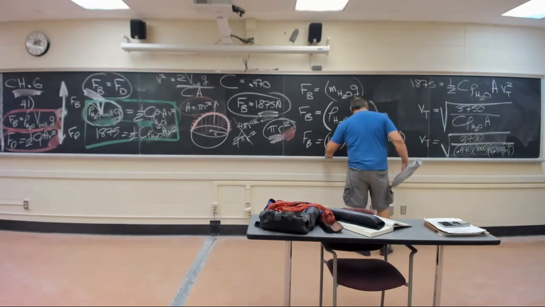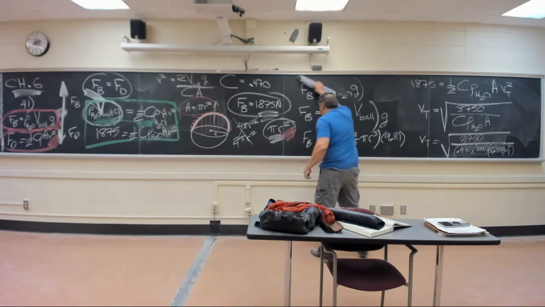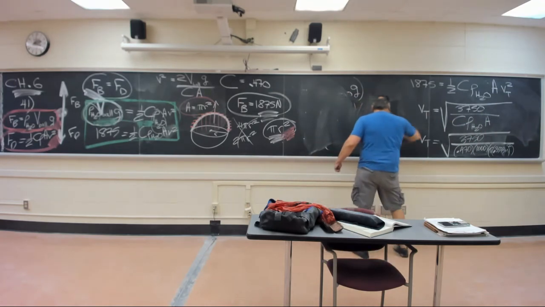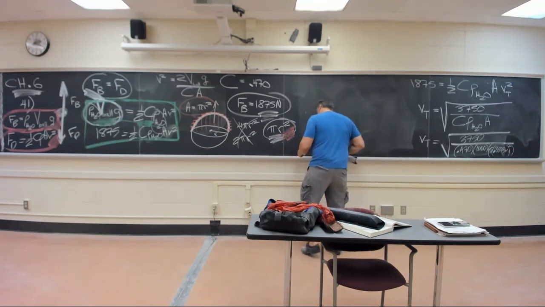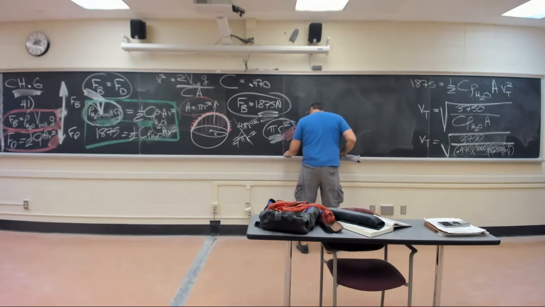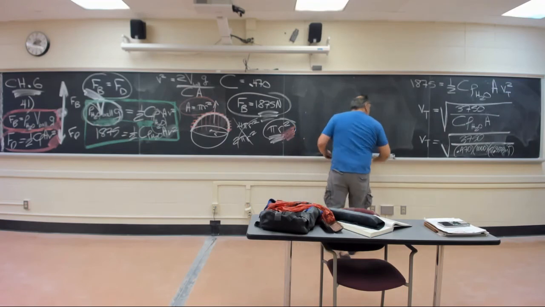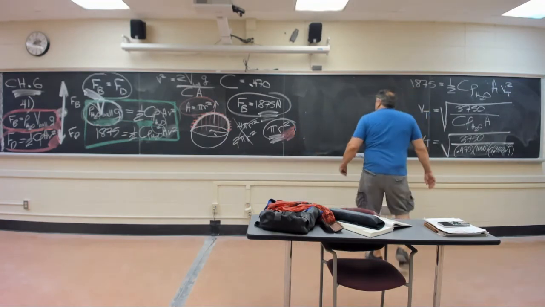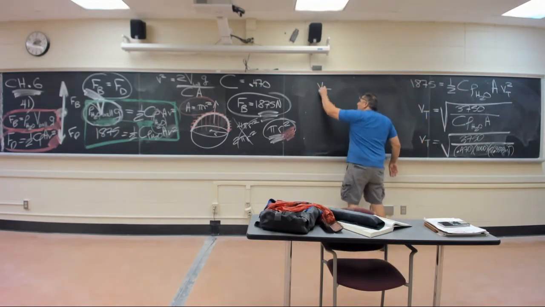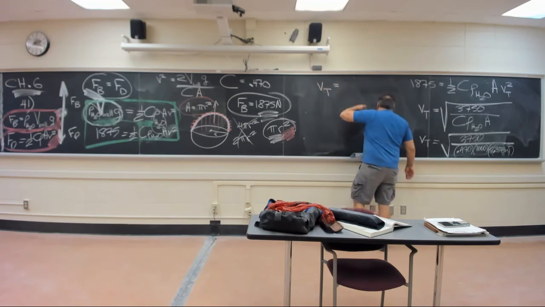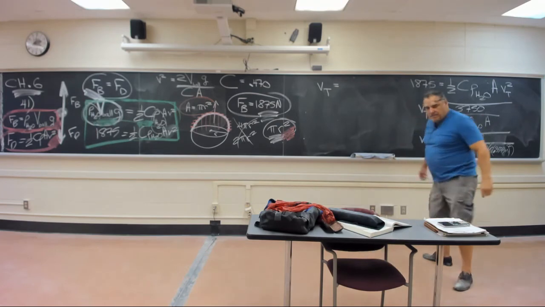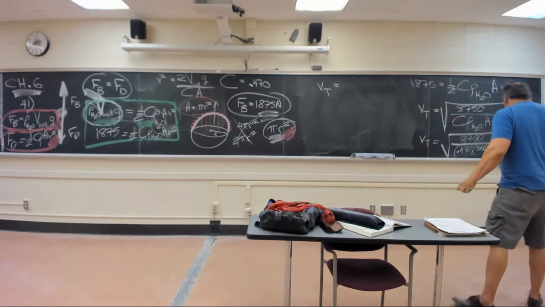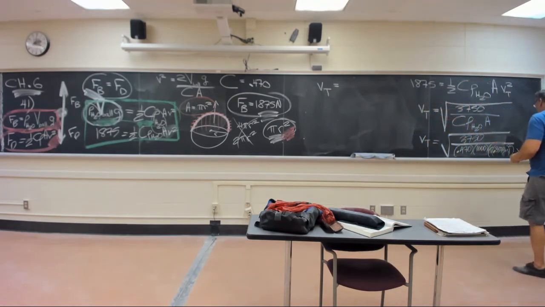So, if that's the whole process, what is this coming out to? VT equals the square root of that. Let's see what that's going to be.